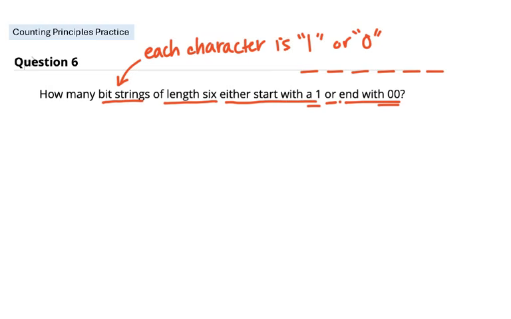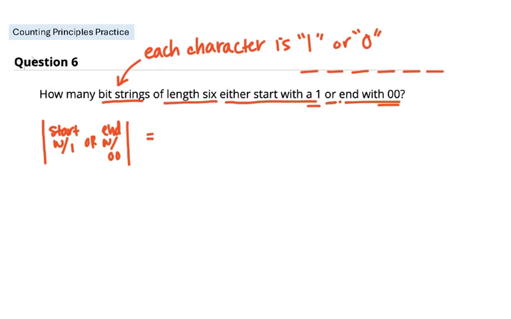Let me write this the math way. What we're asking is, what's the quantity? So we put these bars around it. It either starts with 1 or it ends with 00. Okay? So when you have quantities to do with or, we can separate this out.